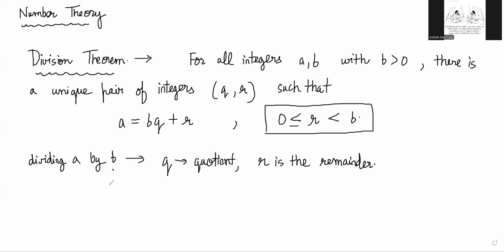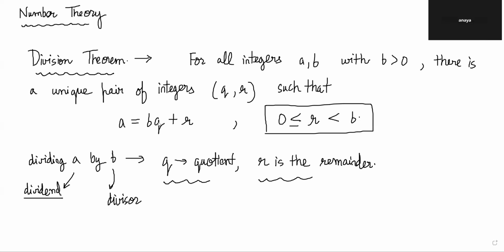So b is the divisor and a is the dividend. So when we divide a by b, you get q and r, where r is the remainder. The remainder has to be less than the divisor, right?